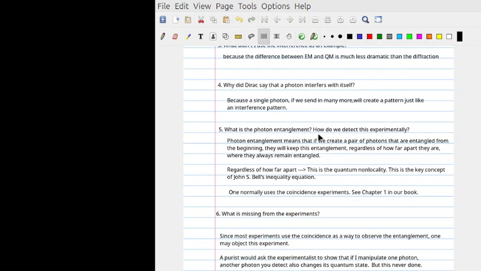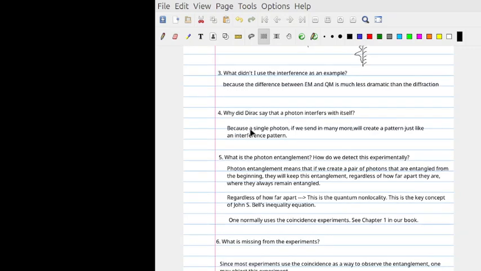Number 4, why did Dirac say the photon interferes with itself? In Dirac's quantum mechanics book you will read that Dirac did mention the photon interferes with itself. Because if we send many single photons, they will create a pattern just like an interference pattern.